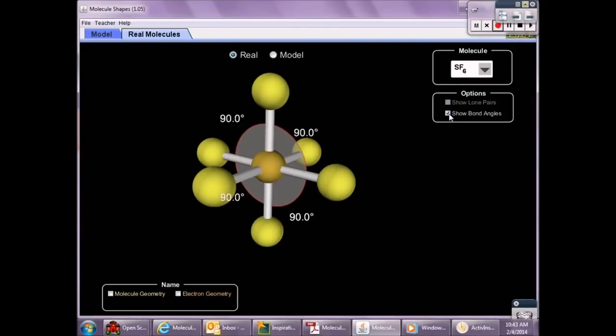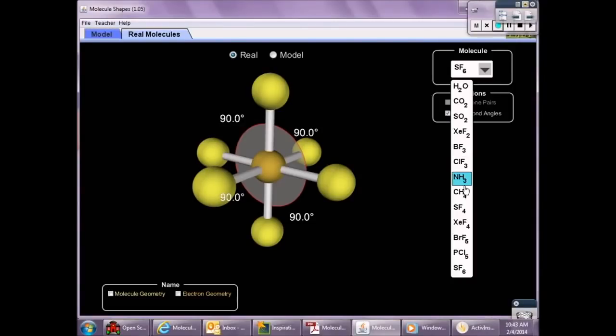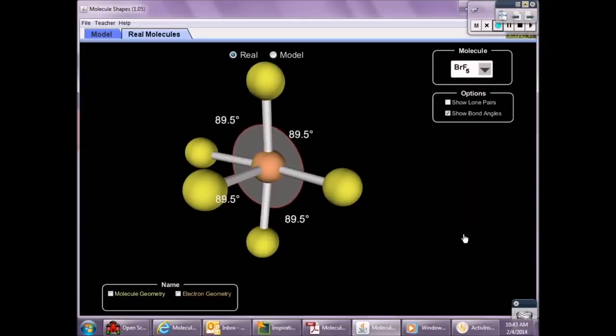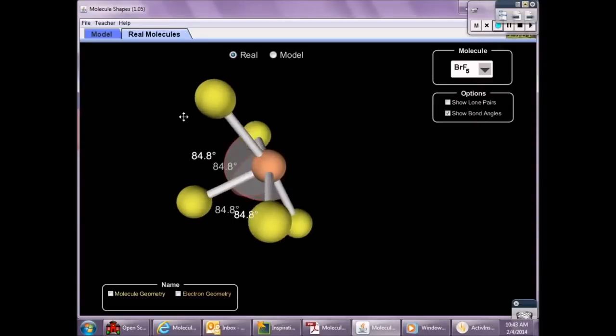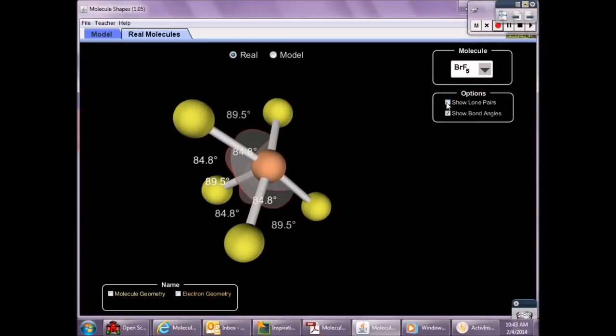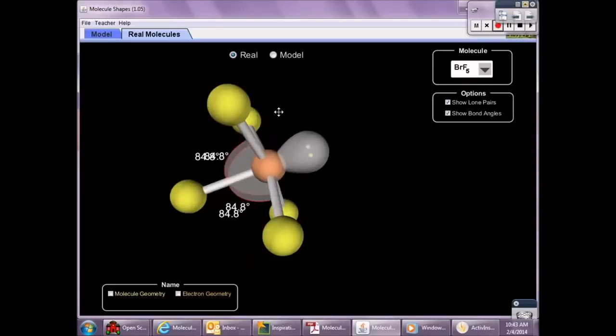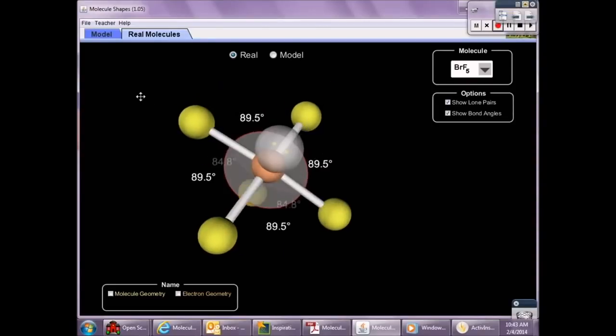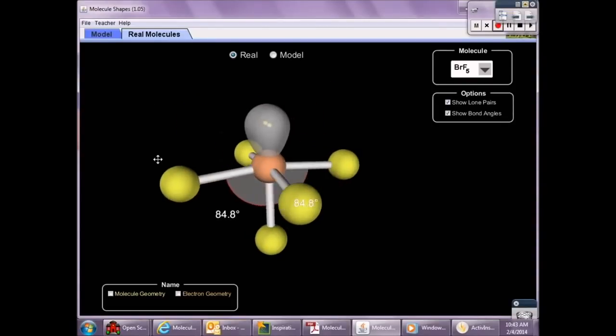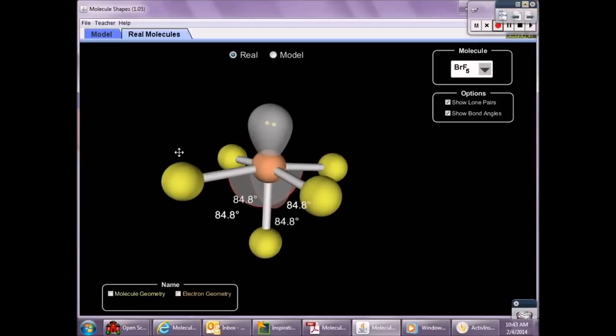BrF5. Why don't I put the lone pairs to help you? What is the general formula for this one? AB5E. What is the electron domain?